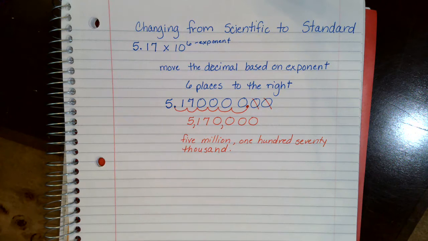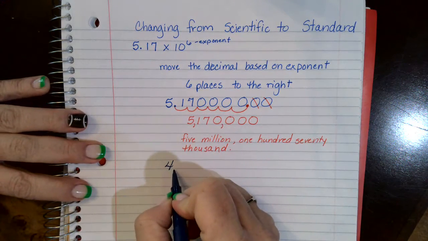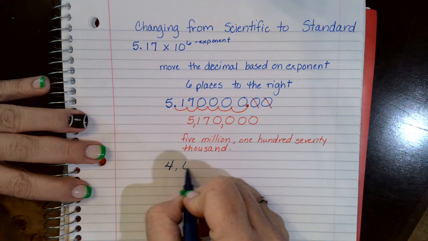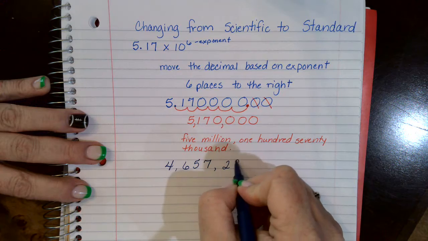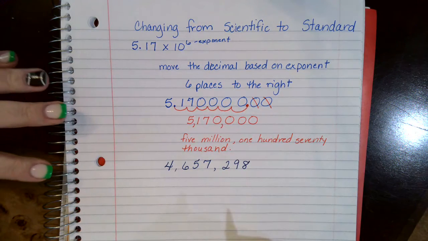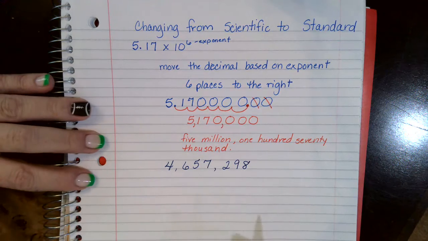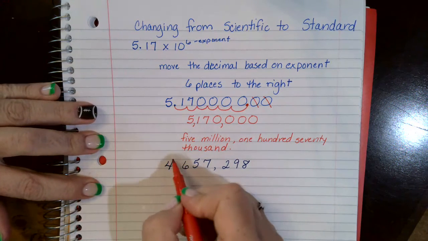So it's the switch between scientific and standard. And so if I had the number 4,657,298, to write that in scientific notation, I would put the decimal point between the two largest place values, or the first two numbers.